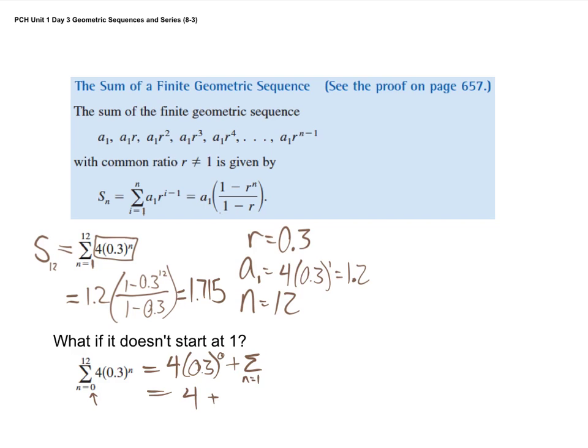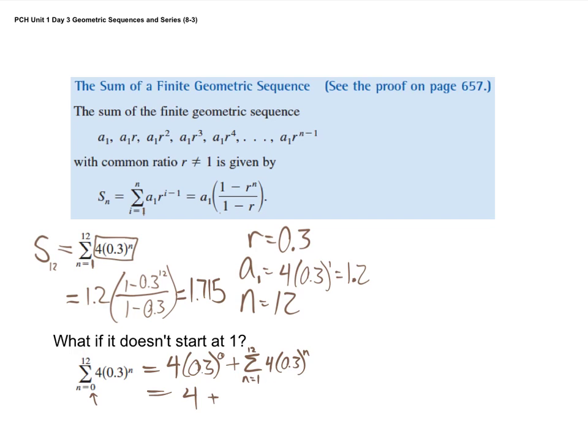We have the sum from n equals 1 to 12 of 4 times 0.3 to the n. Well, how do we get that? We already did that, right? We already did the sum from 1 to 12.